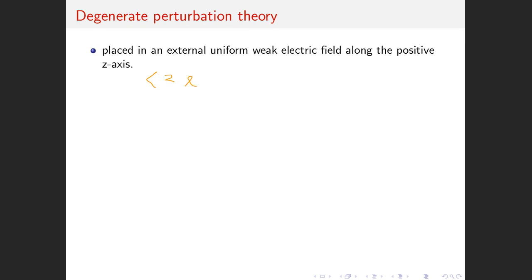So if you start with 2 L m, Z, 2 L m prime, let's just call it m. Z is given by r cos theta, so it doesn't depend on phi. So this entire integral will just give you delta m and m prime. For now, let's just ignore that.